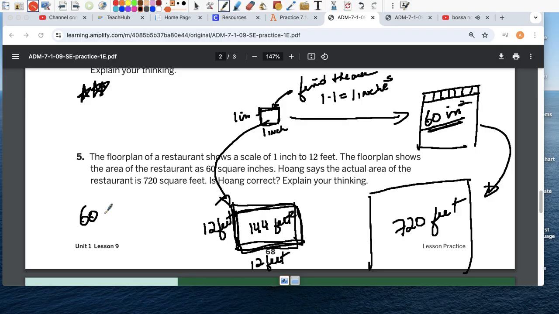So 60 times 144 is, off the top of my head, 8,640 feet squared. That's a big restaurant. Sorry, I kept saying kitchen, but it's restaurant. Hopefully that makes sense, right?